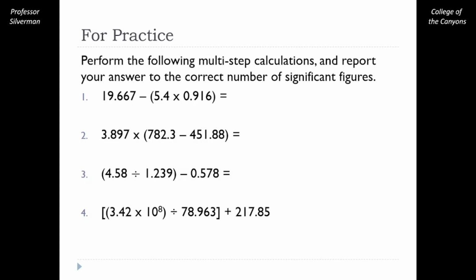We can do one of these as a practice example. Maybe this first one is going to be fun. We can start with that parentheses. Inside of our parentheses, we have multiplication, so we need to keep track of our sig figs. Our calculator tells us 4.9464.